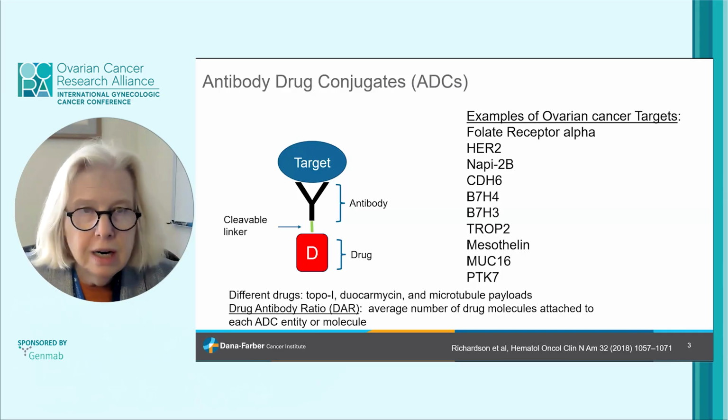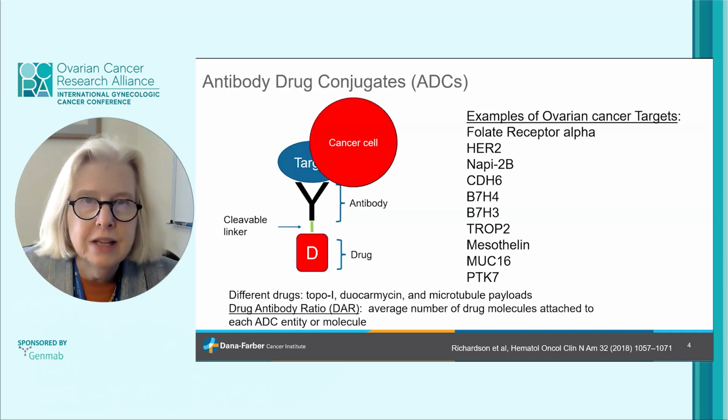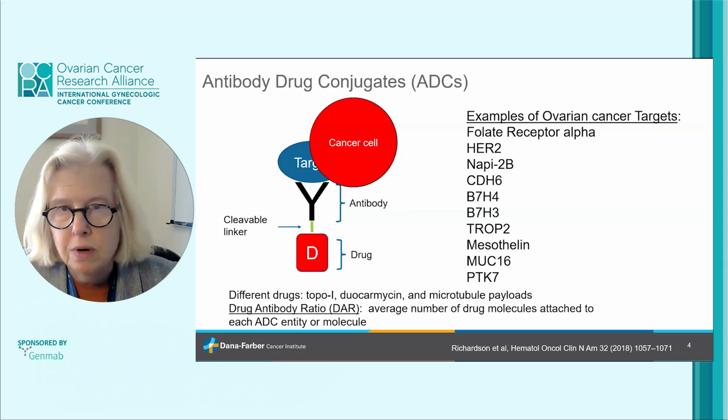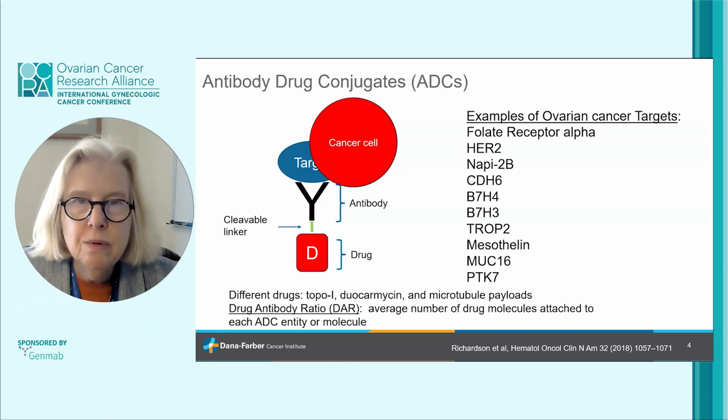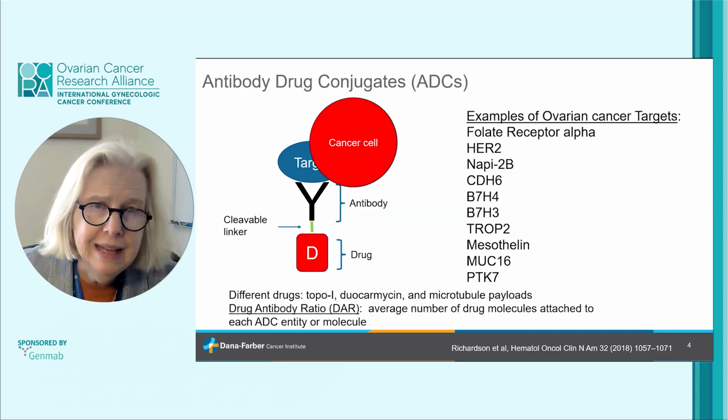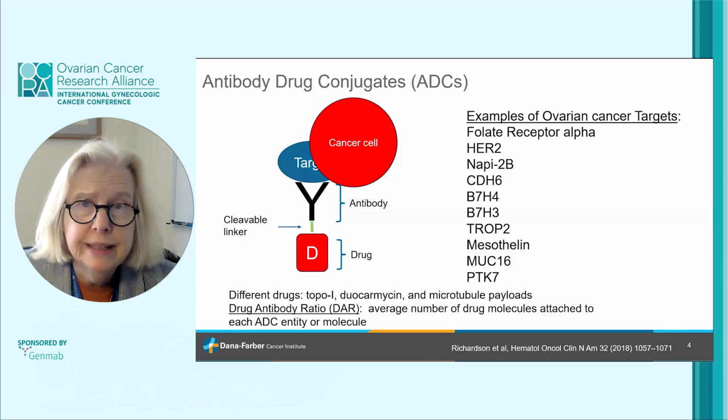And that target is present on the cancer cell. So that's how the ADC works. Simply, the ADC recognizes a target that's sitting on the outside of the cancer cell and is able to enter the cancer cell through that target, and those targets are listed on the right.